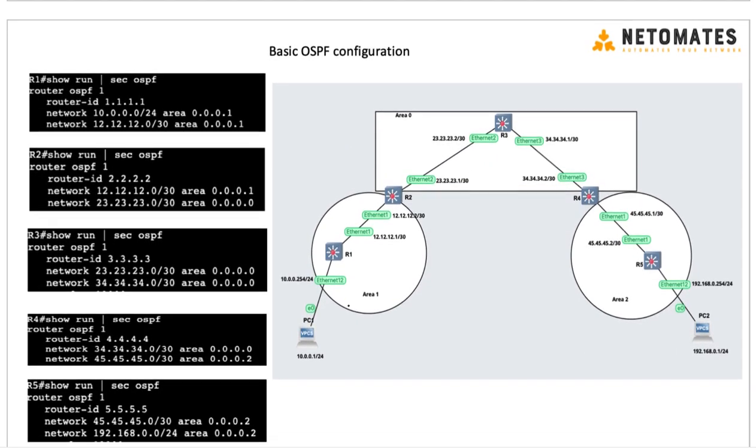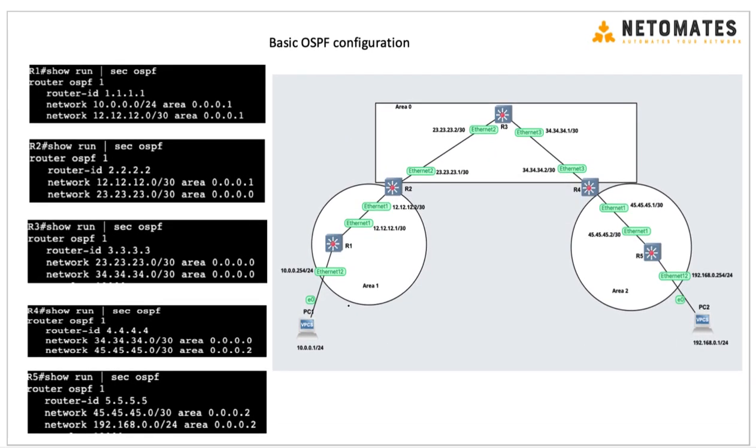Now let's do the OSPF configuration on all the routers. On R1 we go to the configuration mode, and the first command we type is router ospf 1, where 1 is the process ID. As discussed, the process ID can be anything between 1 and 65535, so you can give any number, it does not matter.